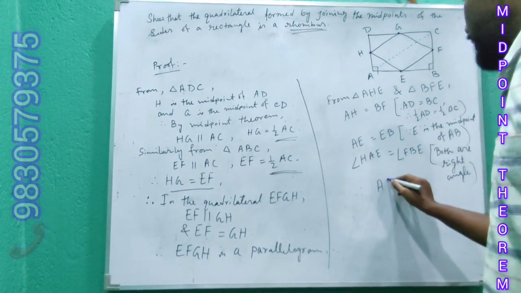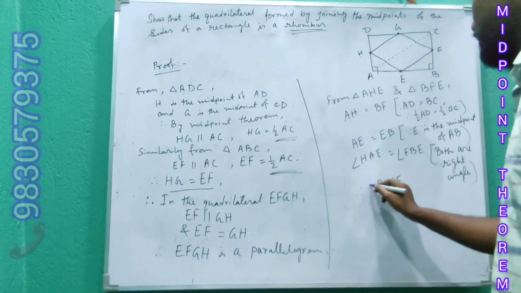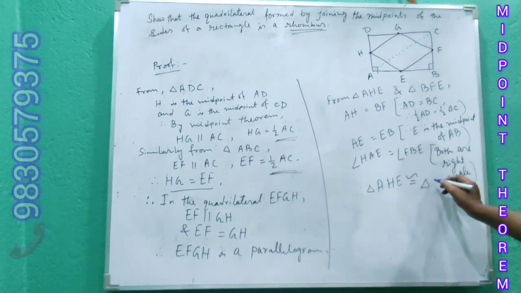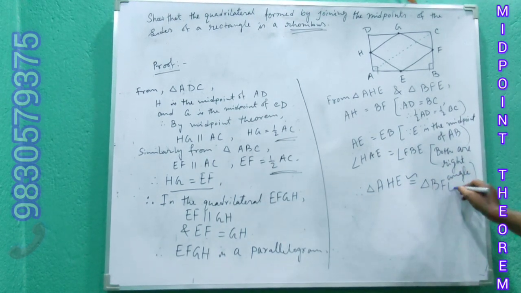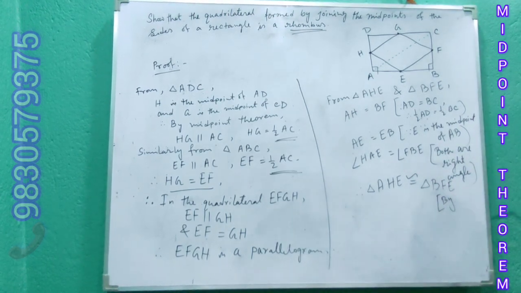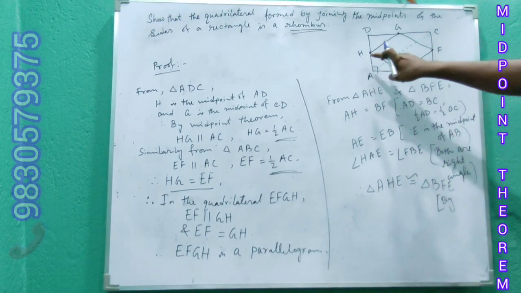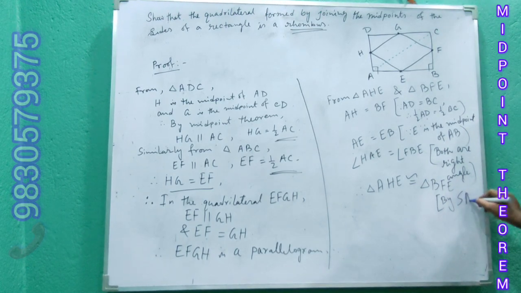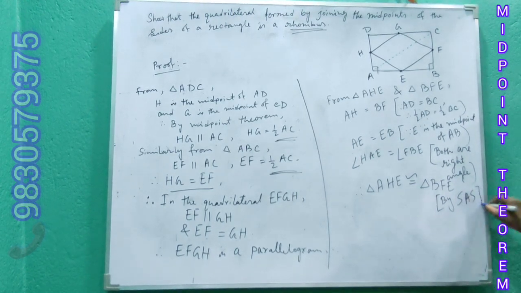Triangle AHE is congruent to triangle BFE by side angle side, SAS, congruency.